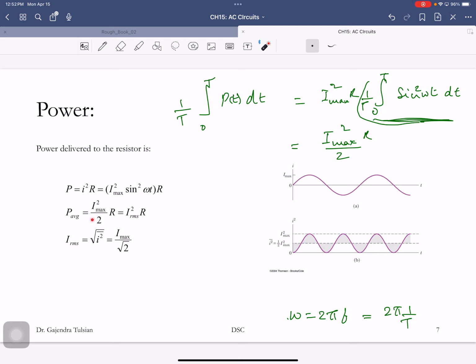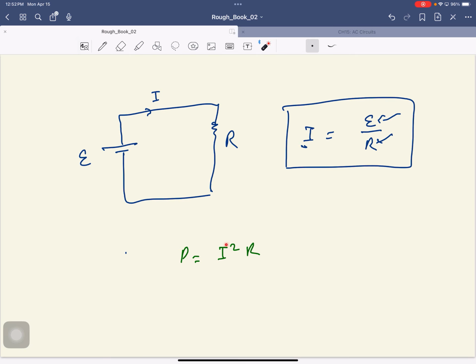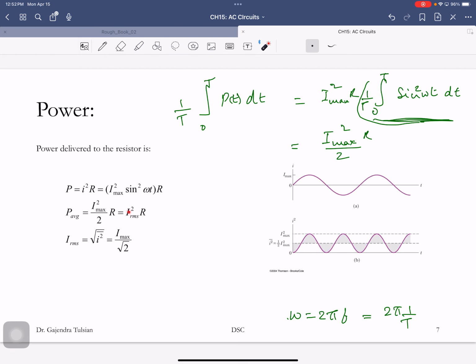So to make this look just like that, all we'll do is define something called I RMS. I RMS is I max divided by root 2. And now this expression looks exactly like the one for the DC. RMS stands for root mean square.